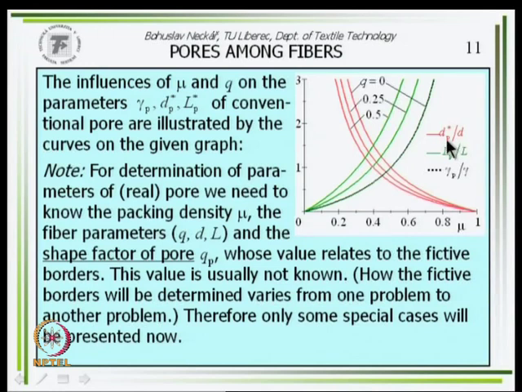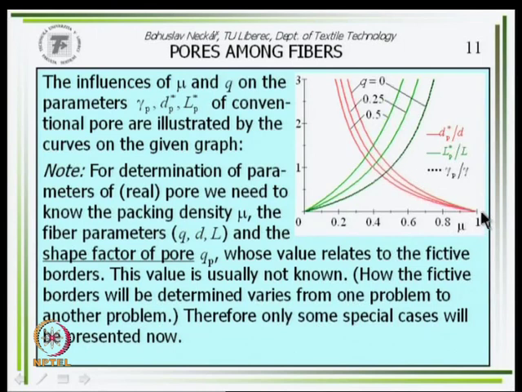Then the curve is dP star by d, the conventional pore diameter by fiber diameter. The course of this function is the following: the higher the packing density, the smaller the conventional pore diameter.